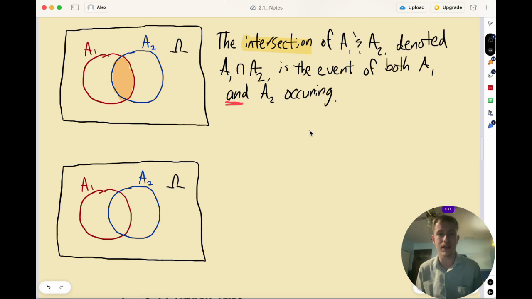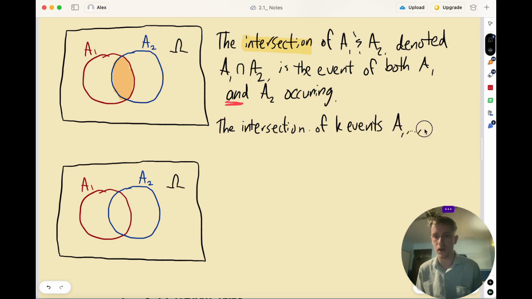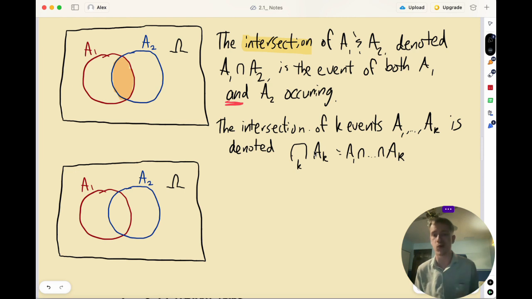Just like before with unions, the intersection of k events A1 through AK is denoted with this big intersection symbol, which is, of course, A1 intersect A2 intersect all the way through AK. So all of them have to occur.